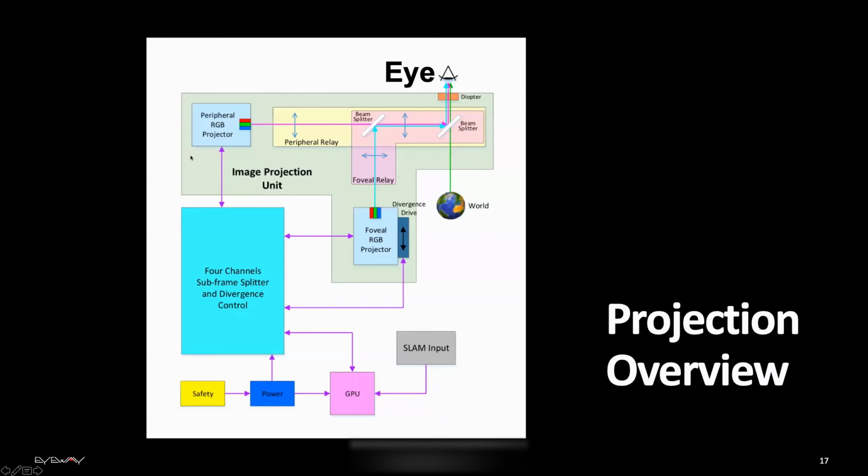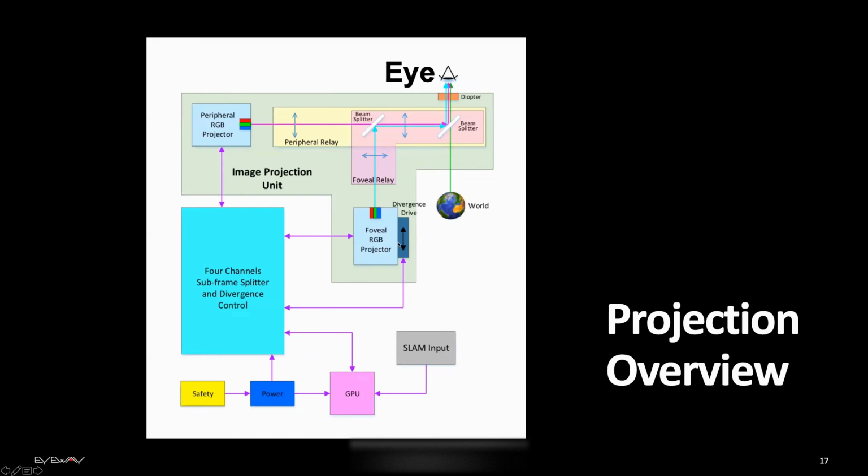The projection overview basically shows that we have an RGB laser which illuminates a very small resonant MEMS mirror, and we have another RGB laser with another MEMS mirror that is positioned with an element that controls the divergence of the beam.